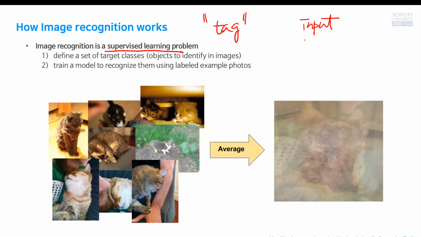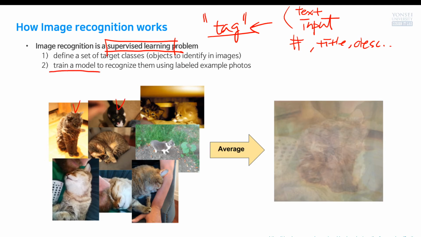We feed just input, textual input, text input, using hashtags, titles, descriptions, and so on. So these are sort of the tags for supervised learning. So computers learn by themselves, so computers can figure out this is a cat image, not a dog image or something. Okay, so training a model.